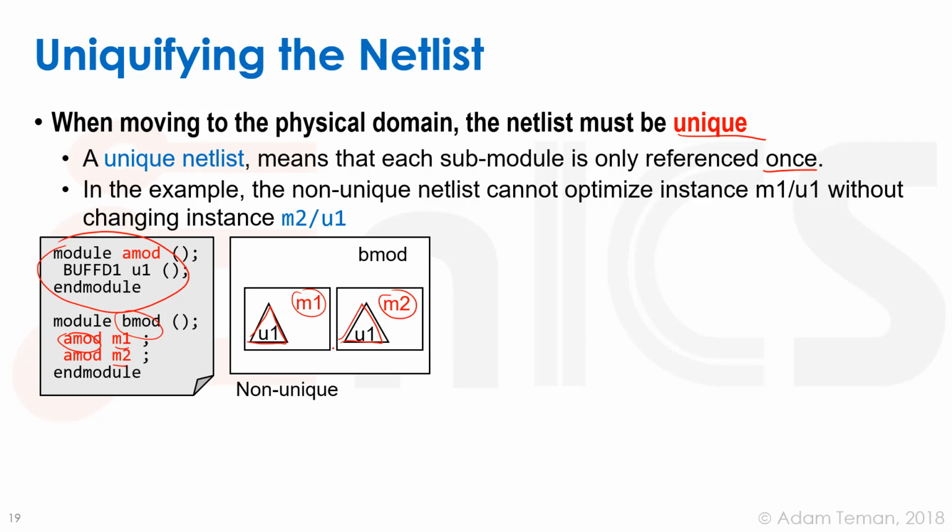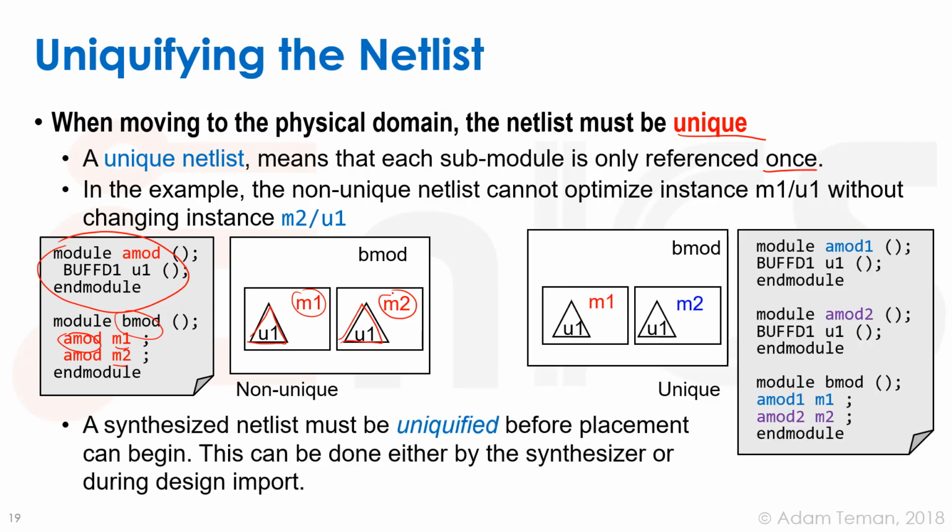That is what's called a non-unique netlist. Each submodule should be referenced once. Here we reference the submodule twice. We reference A module twice. We need to uniquify the netlist. To uniquify the netlist is to do something that looks kind of dumb. What we do is we take this module and give it a submodule name, and this module, give it a submodule name.